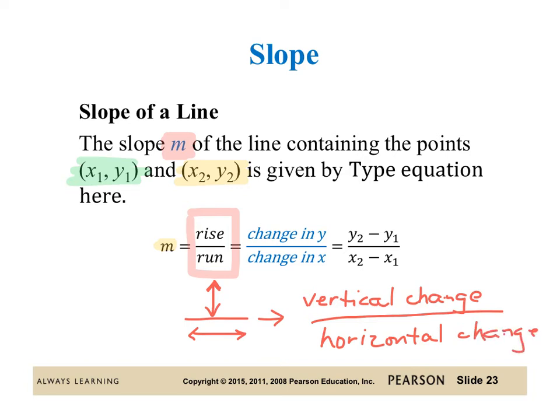Of course, that isn't quite as catchy as rise over run. The key thing to remember is that it is the change in the y values divided by the change in the x values. And one of the things that will help you remember how to do this correctly is to remember that the coordinates of your points have to stay together.